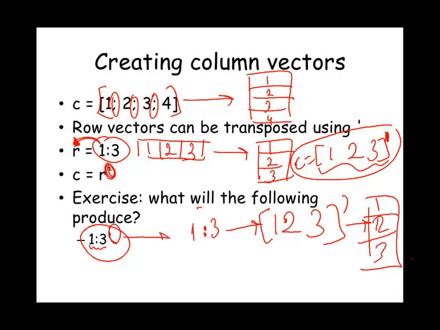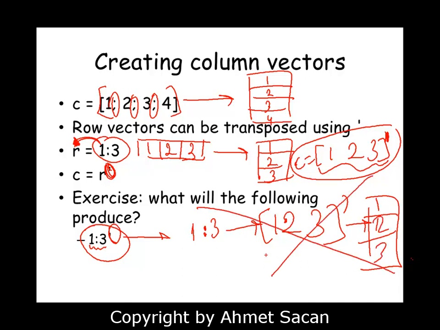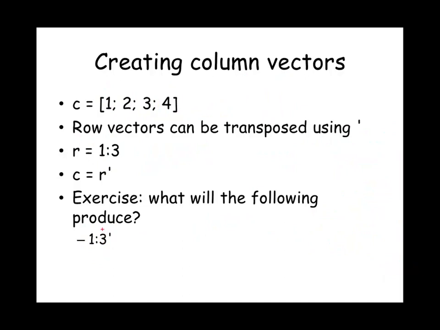But this answer is incorrect because of the operator precedence. The transpose operator is applied before the colon operator. So the way that MATLAB will interpret this expression is that it will first take 3 transposed.